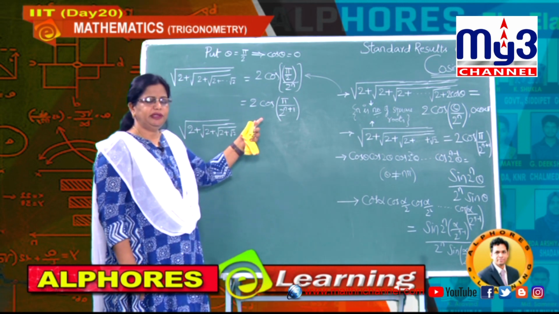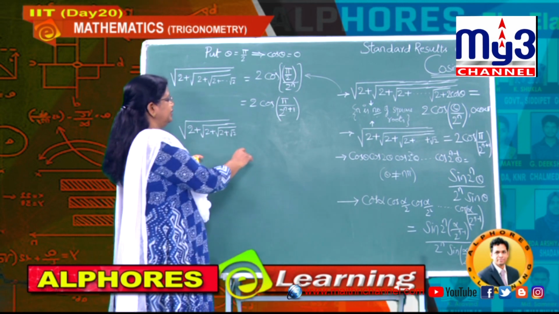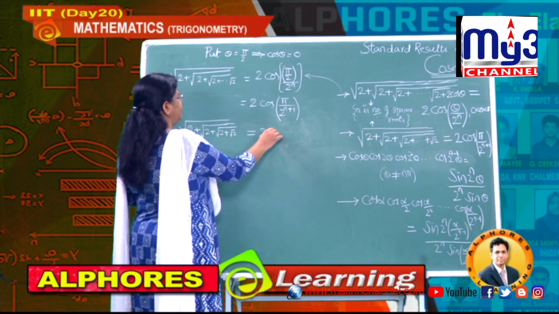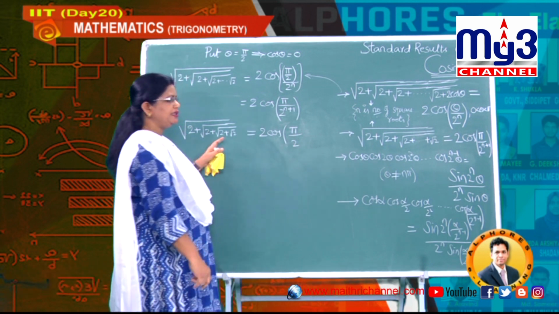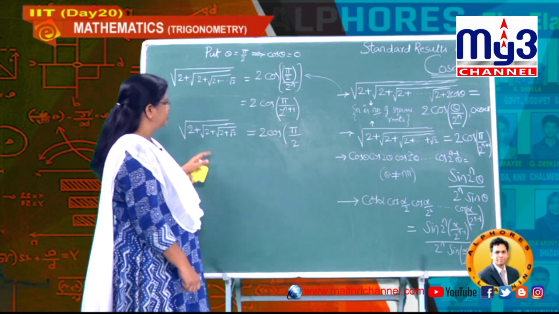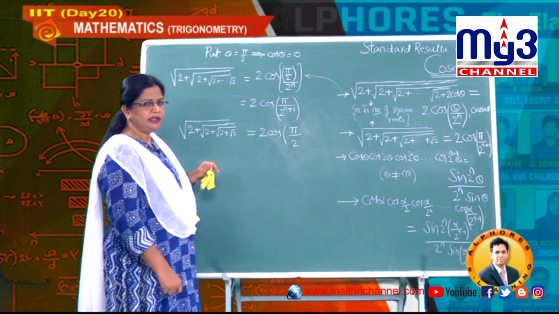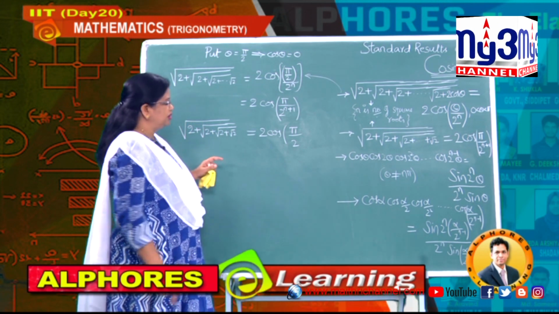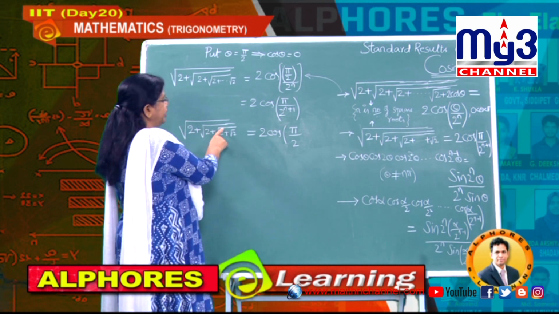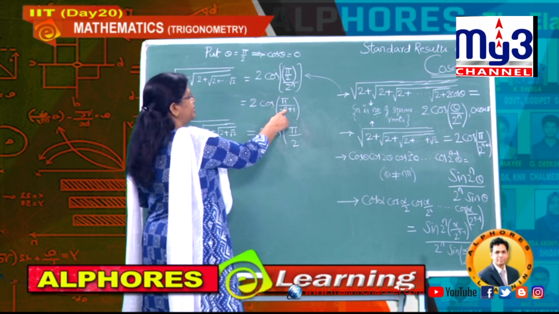Immediately you can remember this formula, and the answer is 2 into cos pi divided by 2 to the power of n. What is n here? The number of square roots. How many square roots are there in the problem? 1, 2, 3, 4. So 4 square roots are there, and therefore n is 4.